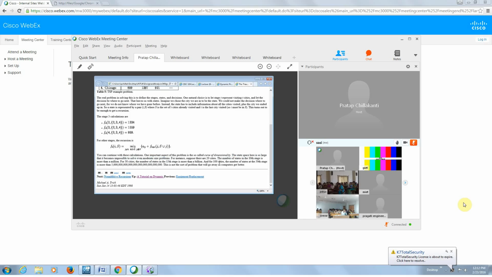If you have 100 cities and you're trying to do that one, you can see here, the 50th stage shows this number. Do you know what this number even is? Anything beyond 5 or 6 zeros to me is infinity. Okay? So, how do you solve these types of problems using dynamic programming is a big challenge. That is what we'll be focusing on in the next class.